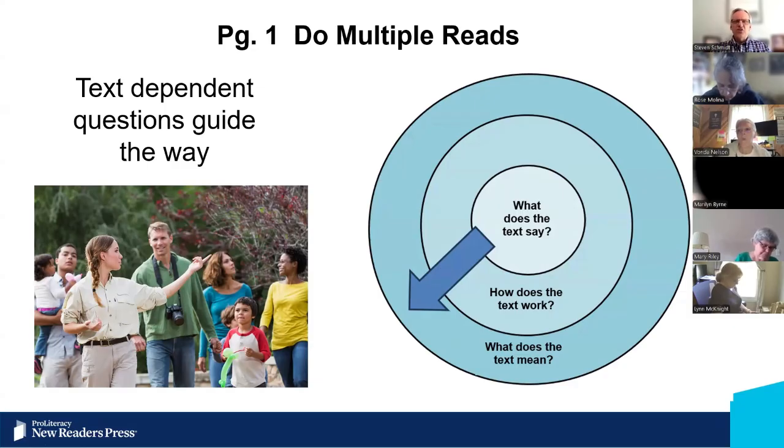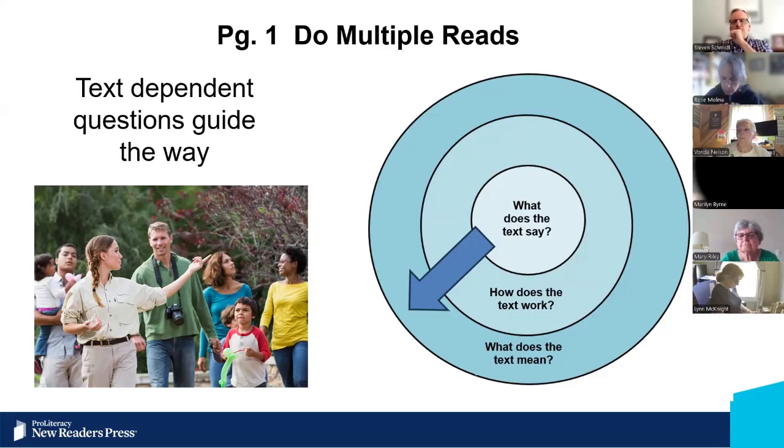I think your text dependent questions really guide the way. If you're asking good questions, your learners are going to go back into the material and you're going to encourage them to read it again, or maybe you read it again as a class or a small group. So you do those multiple reads, but it doesn't have to be the formal first read, second read, third read. It does not have to be that way.